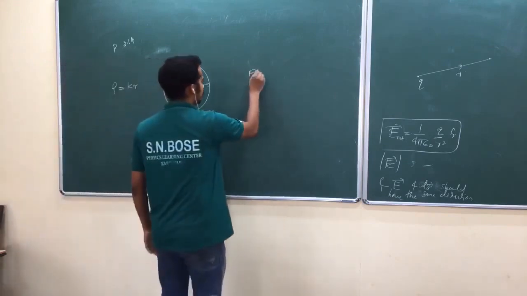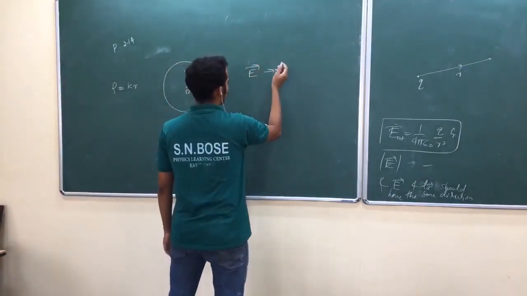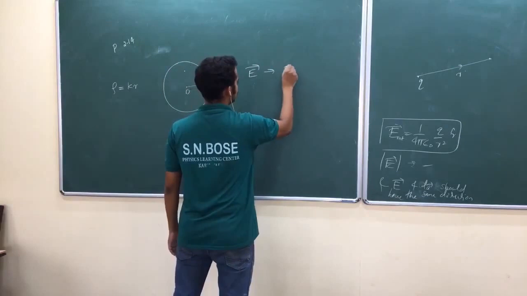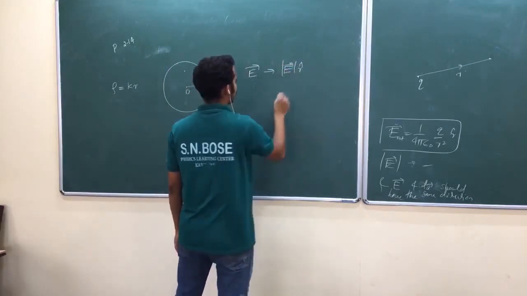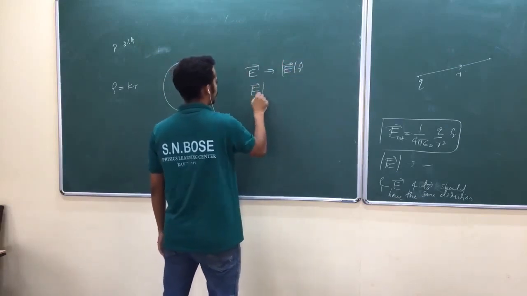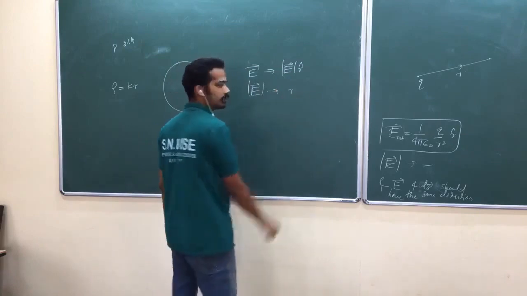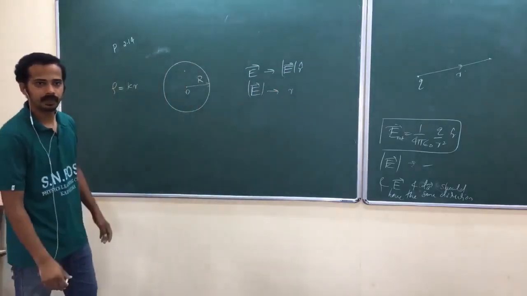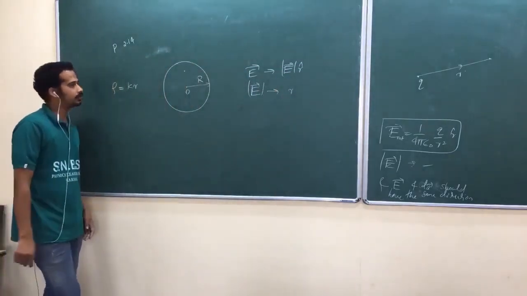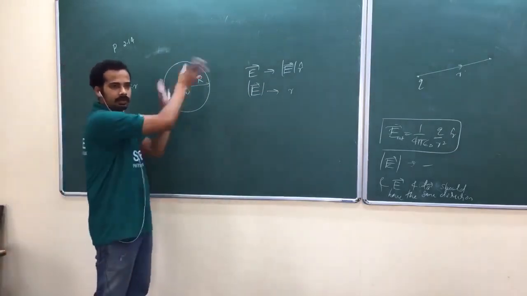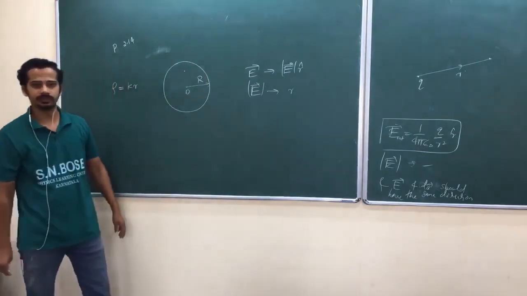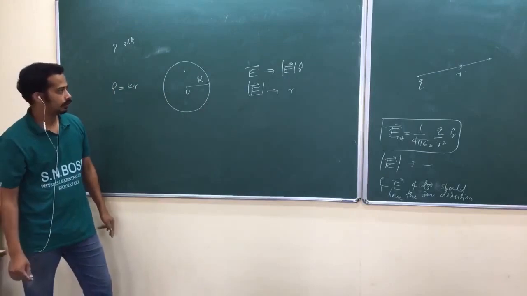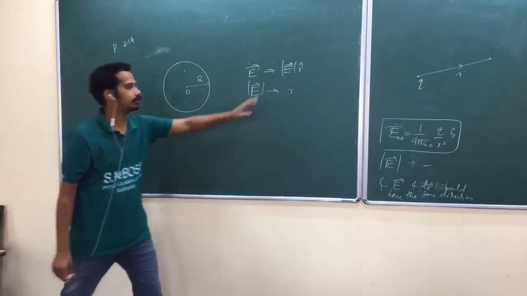Electric field should be along R cap, and the magnitude of the electric field should depend only on R. There is no reason why it should depend on theta and phi, because when you rotate the system, nothing is changing, isn't it? There is no reason why it should be other than R cap.